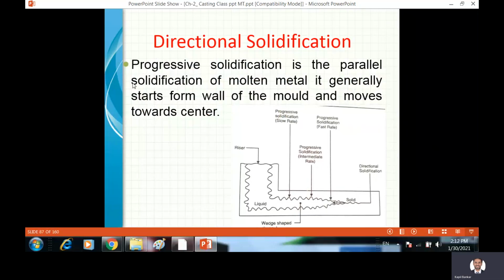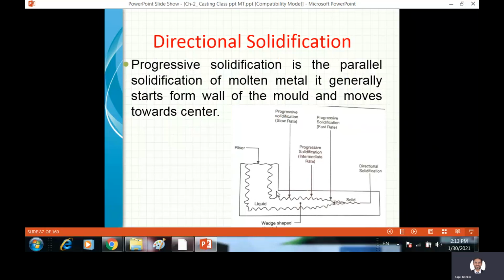As I told you, progressive solidification is also known as parallel solidification of molten metal. It generally starts from the wall of the mold and moves towards the center side.